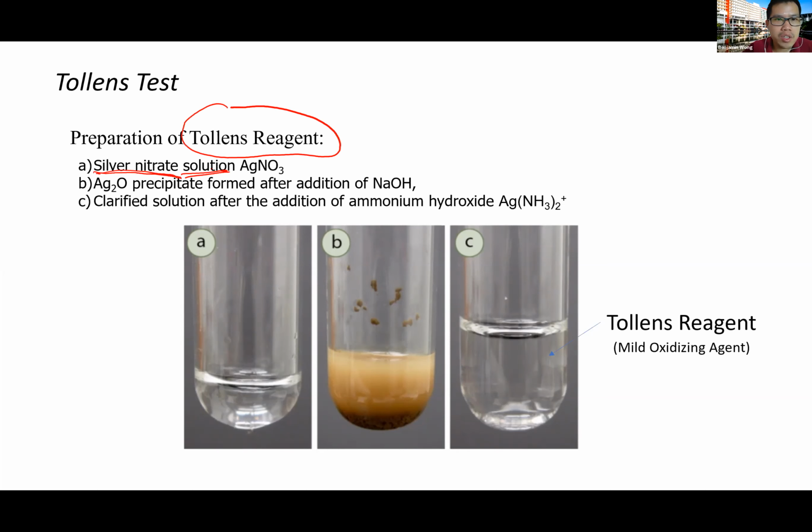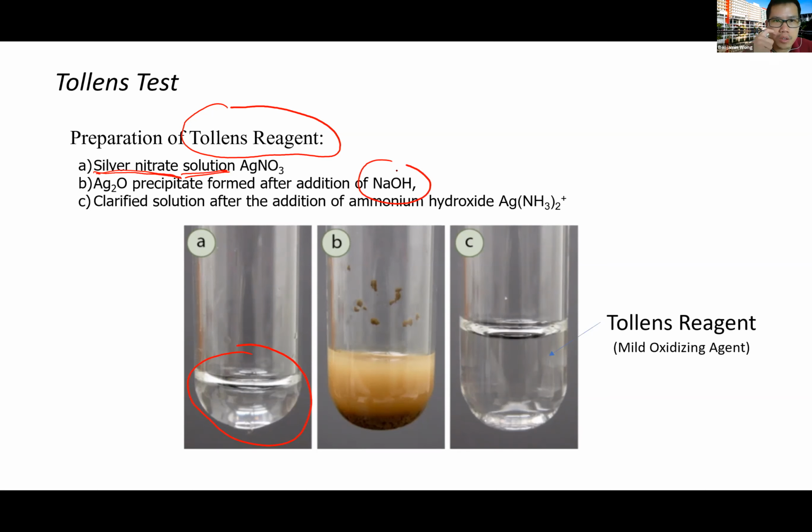The silver nitrate solution, you can see over here, is basically clear. But you will need to form the precipitate by adding the sodium hydroxide.